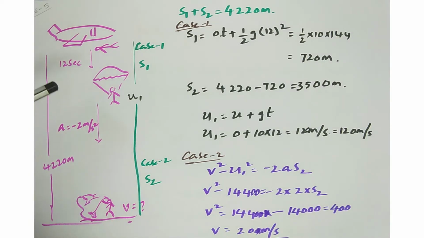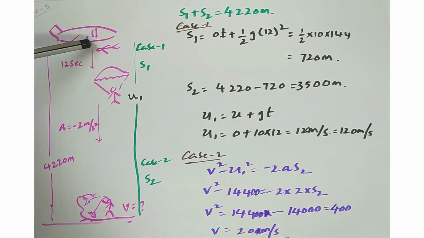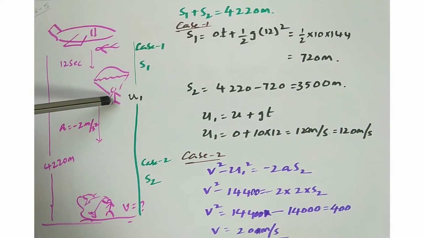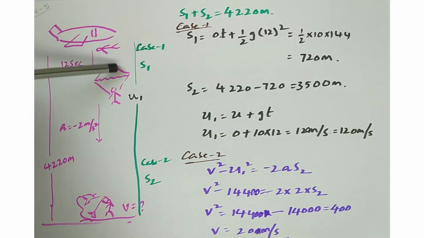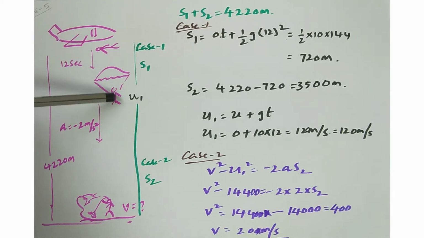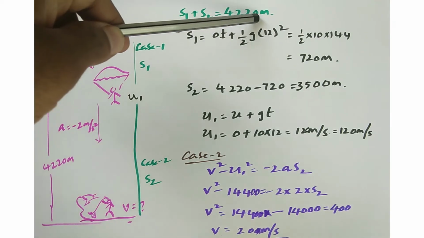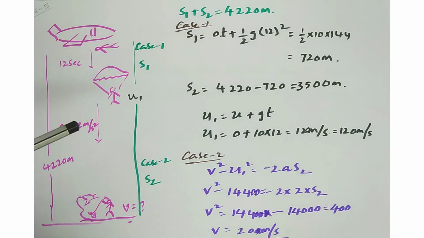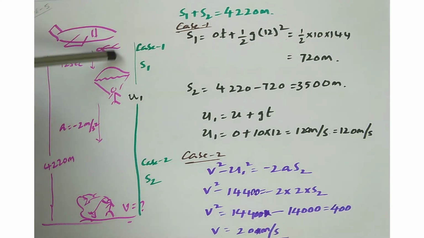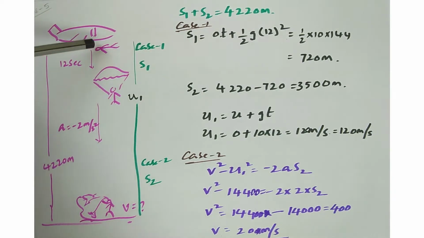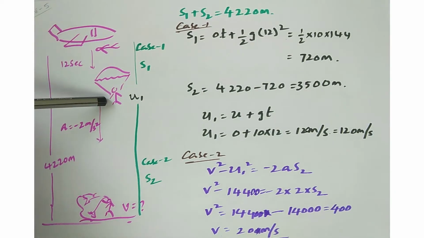If I consider this problem in two cases, before the parachute is open and after the parachute is open, here to here is taken as S1, here to here is taken as S2. S1 plus S2 is equal to 4220 meters. In case 1, I can find S1. Here he is just like a freely falling body.